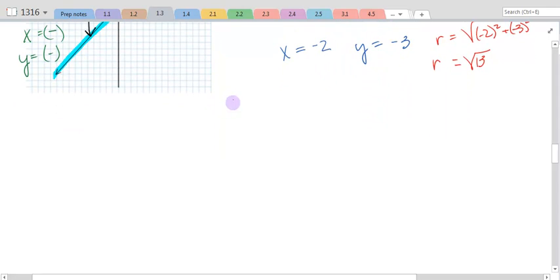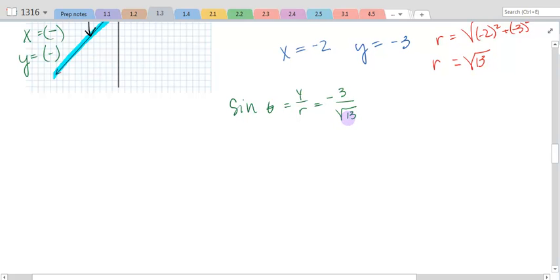For my sine, I know that the sine of theta is equal to y over r. That would be negative 3 over the square root of 13. I want to remind you that you can't leave a radical in the denominator.